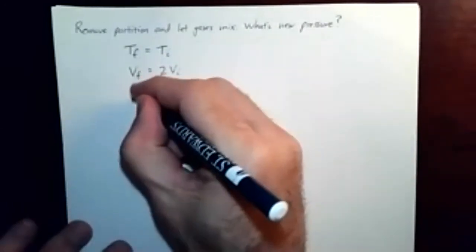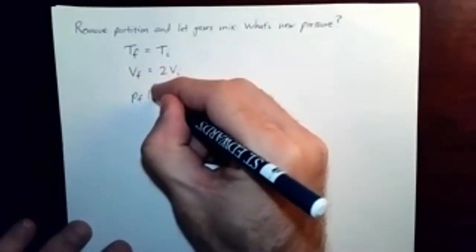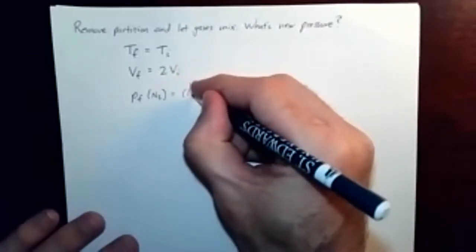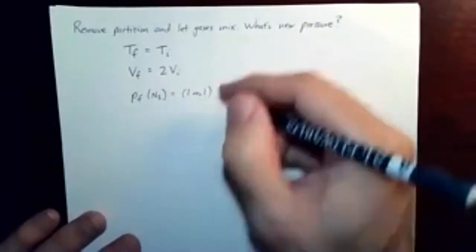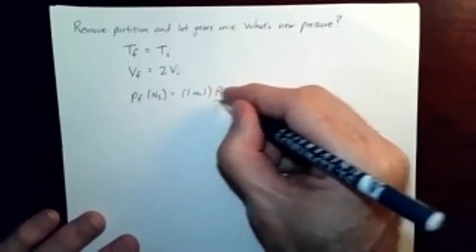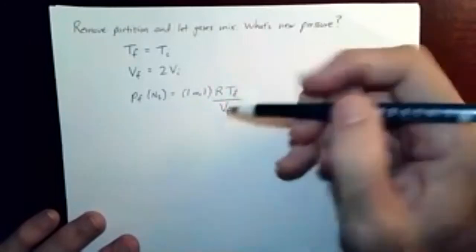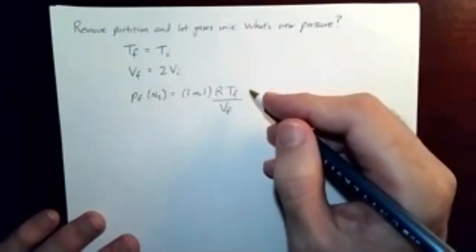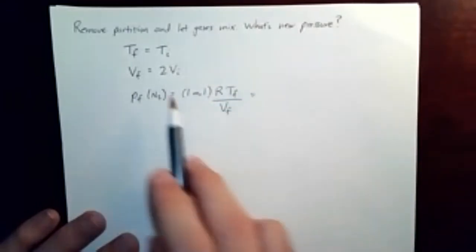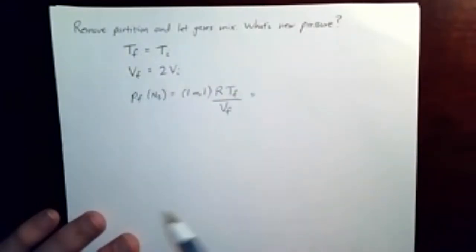All right, so let's look at what the final pressure of the N2 gas is. So that's 1 mole times R times T final over V final. We still have 1 mole of N2 molecules. That hasn't changed. V final is equal to 2Vi. T final is equal to Ti.